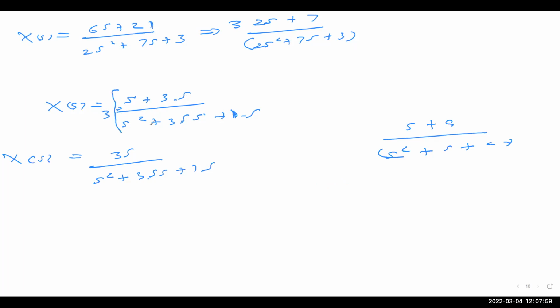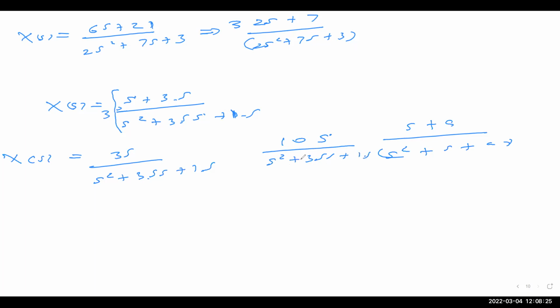I just missed that, so that 3 is here. This also applies to this part, so I will multiply 3.5 by 3 and put it here. So that is 10.5 divided by s squared plus 3.5s plus 1.5.